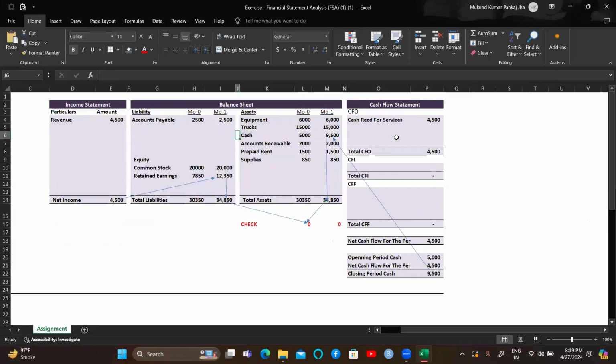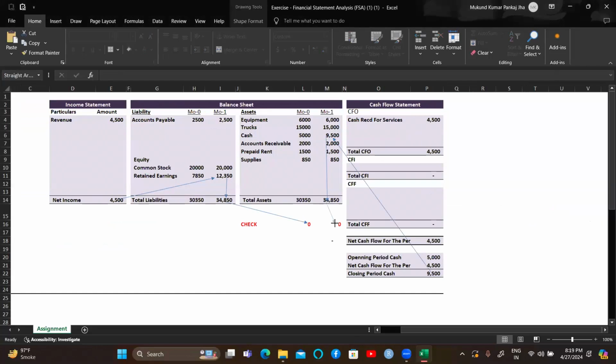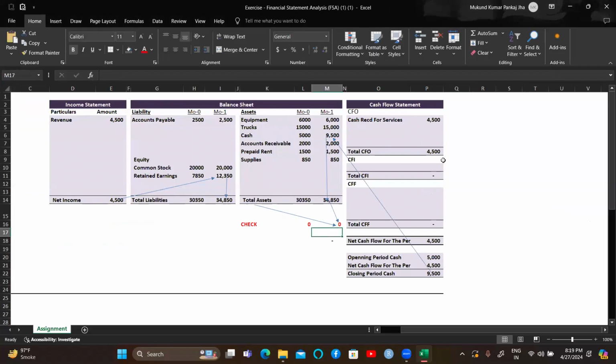Okay, next. My balance sheet is getting matched. That is clearly. Now, any difference won't be reflected in this zero, but this zero. So it's essential for me to point it over here. Perfect. Now, cash received, done with first one.